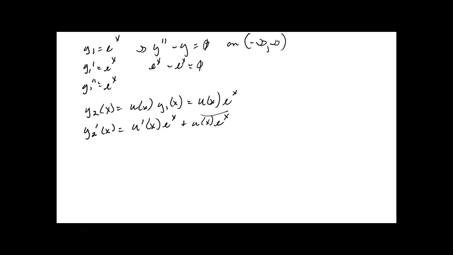We now have that y2 prime is equal to u prime of x minus u of x times e to the x. I don't know if that's helpful, but I wrote it that way. Now let's do u double prime.